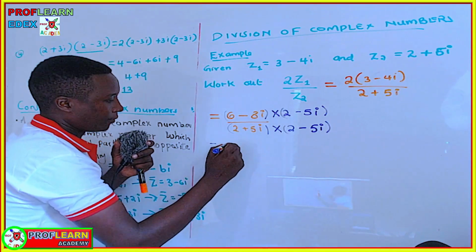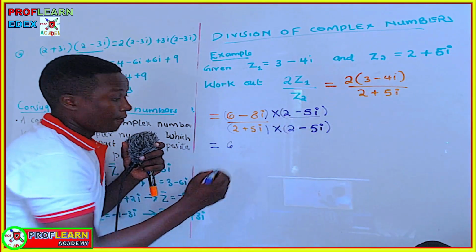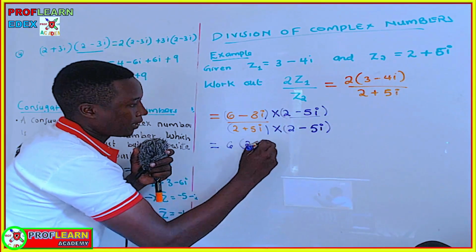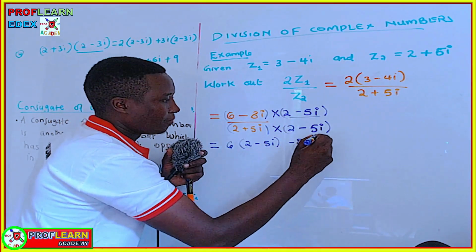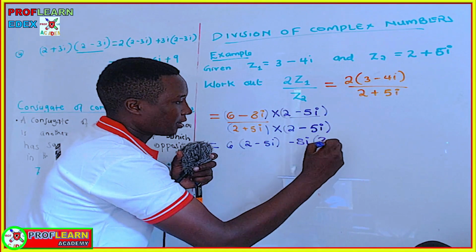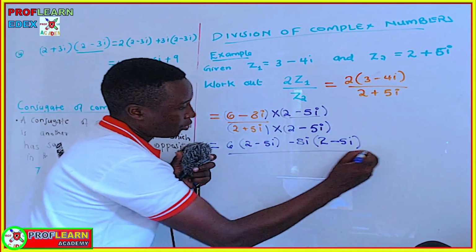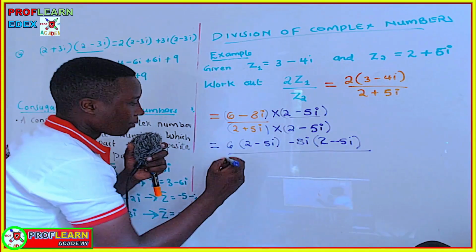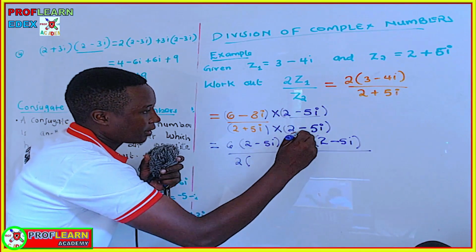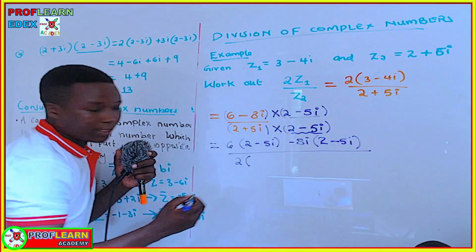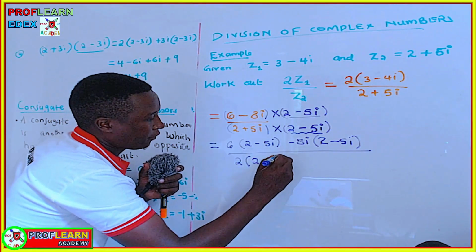So this is going to be 6 times everything that we have in the second bracket, which is 2 minus 5i, then minus 8i multiplied by everything that we have in the second bracket. And I'm going to multiply the 2 I'm having here by everything in the second bracket, so that is going to be 2 minus 5i.